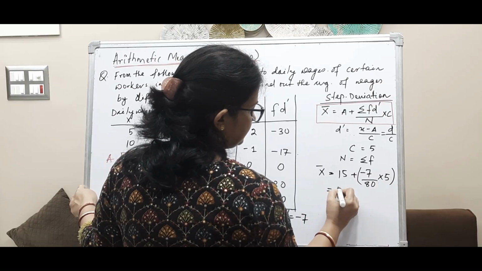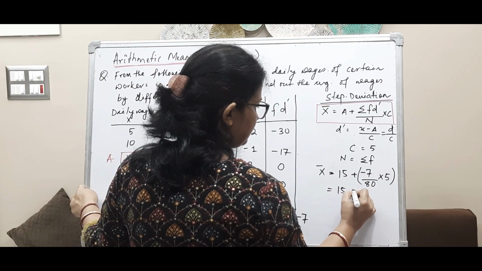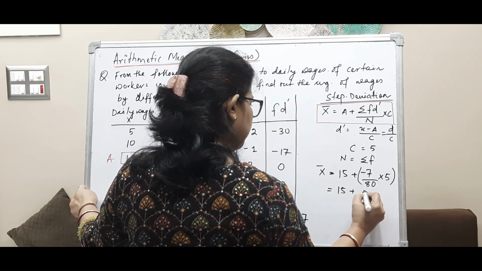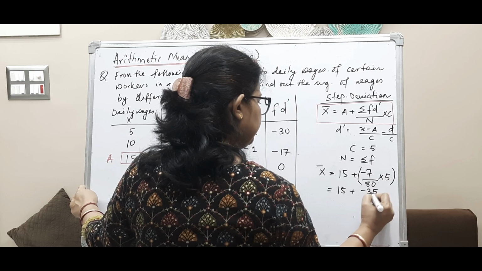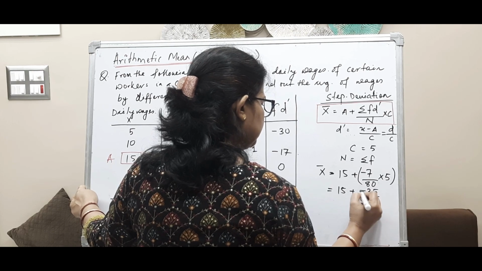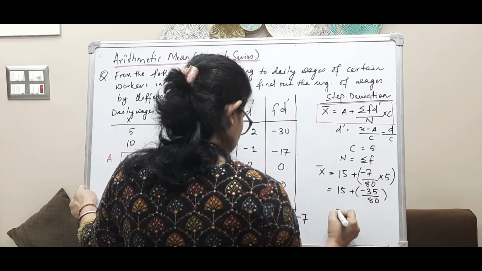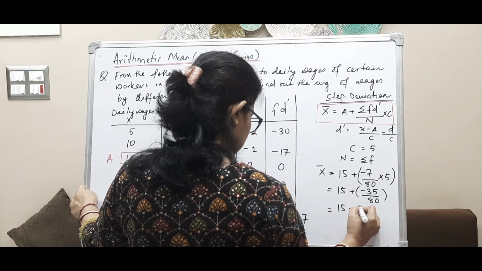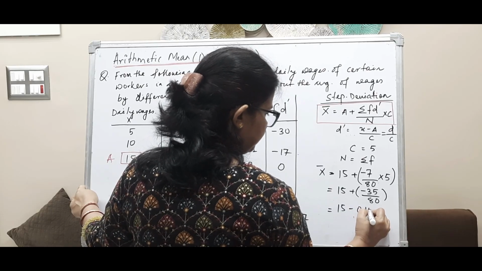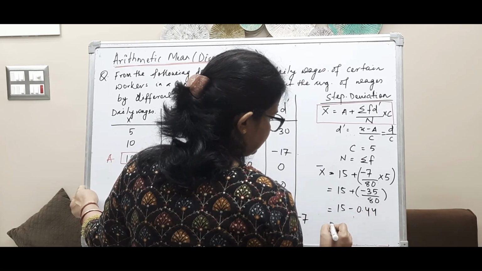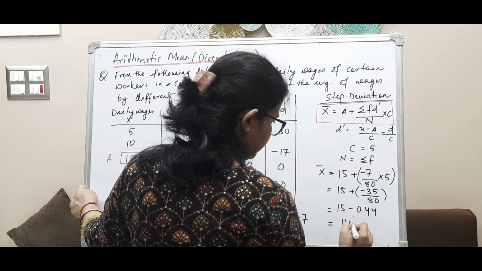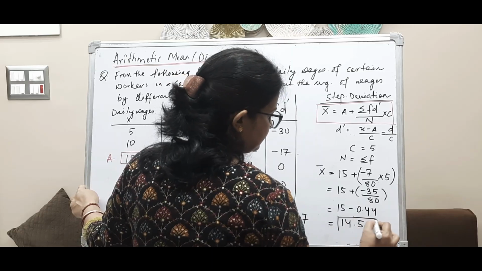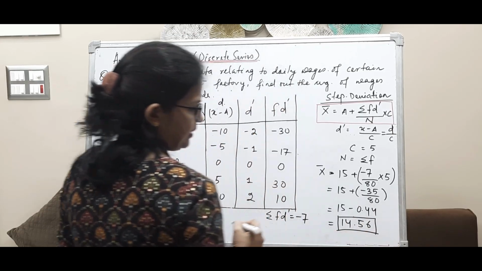So 50 plus, minus 35 divided by 80, which is equal to 15 minus 0.44, which is equal to 14.56. This is our x bar.